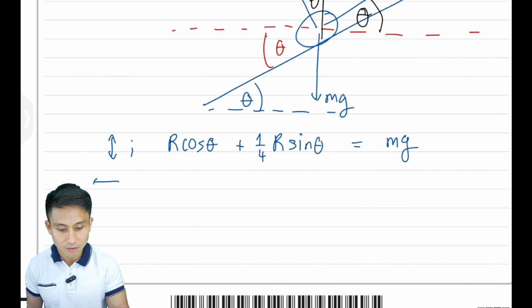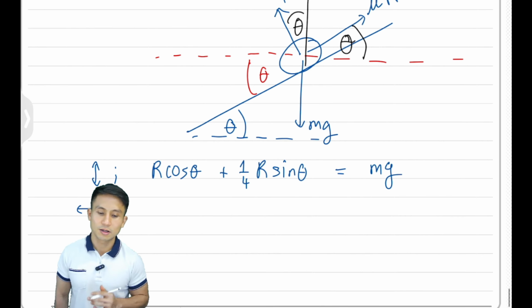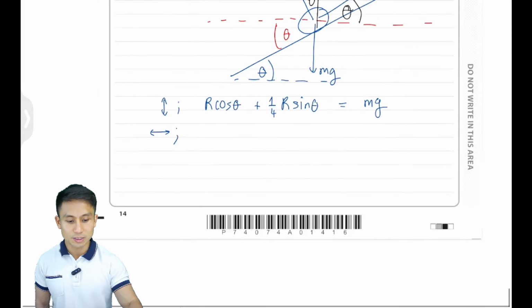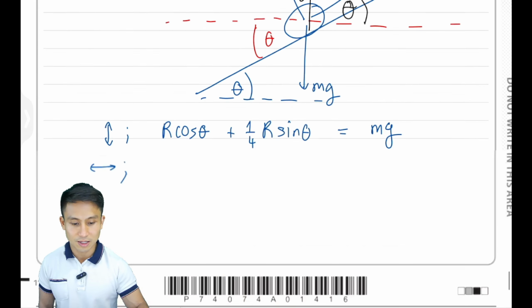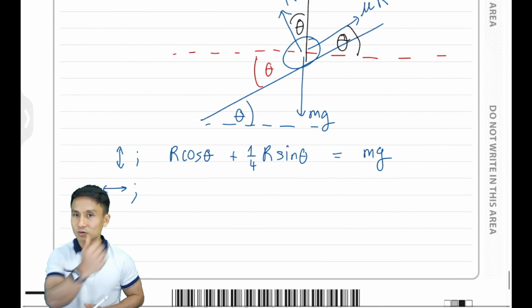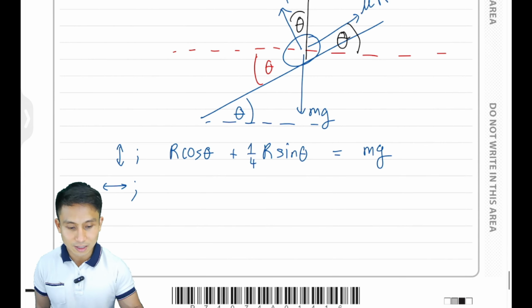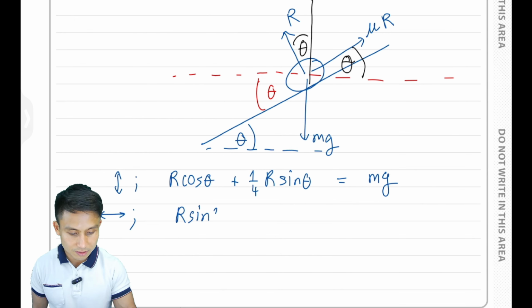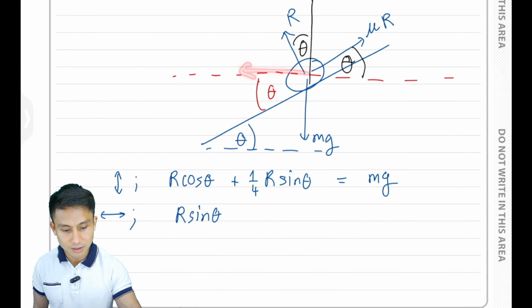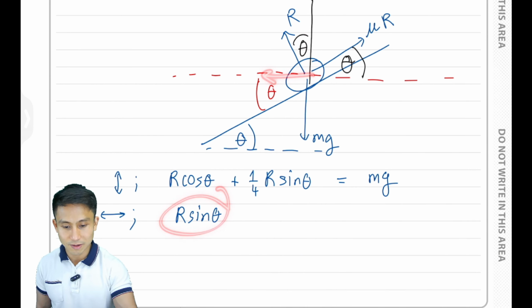And then the horizontal direction is not in equilibrium. The vertical is in equilibrium, but the horizontal is not because you have a centripetal acceleration there. That means you need to find the resultant force to the left. To the left means we need R sine theta. This guy here, R sine theta, would be to the left.